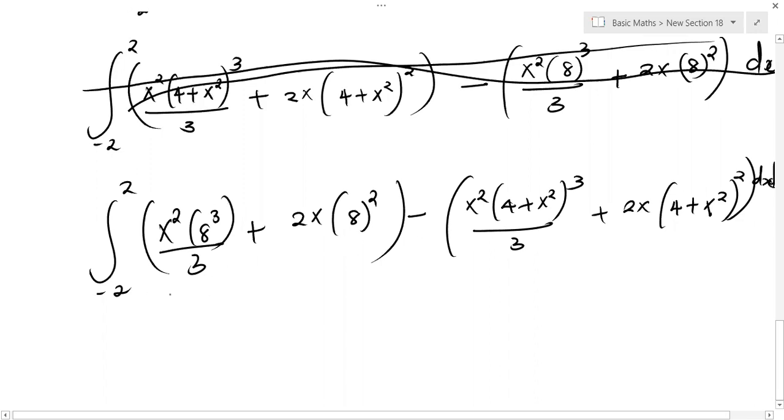Okay. So evaluating this, this is going to be integral from -2 to 2, 8 cubed, that's going to be 512 over 3.